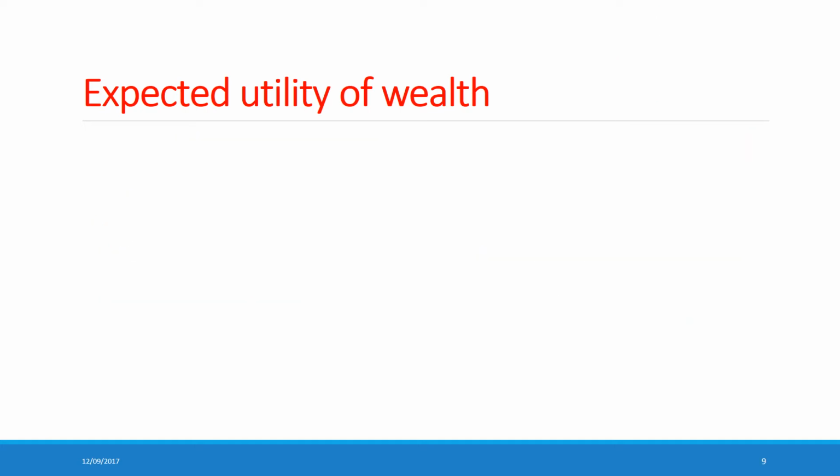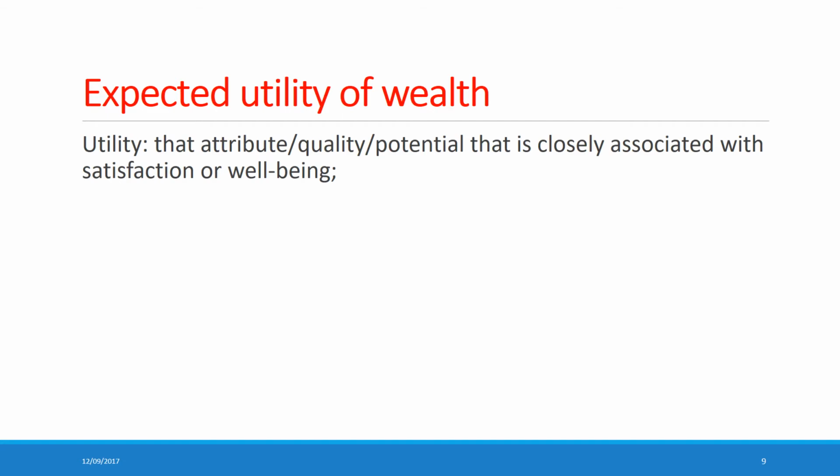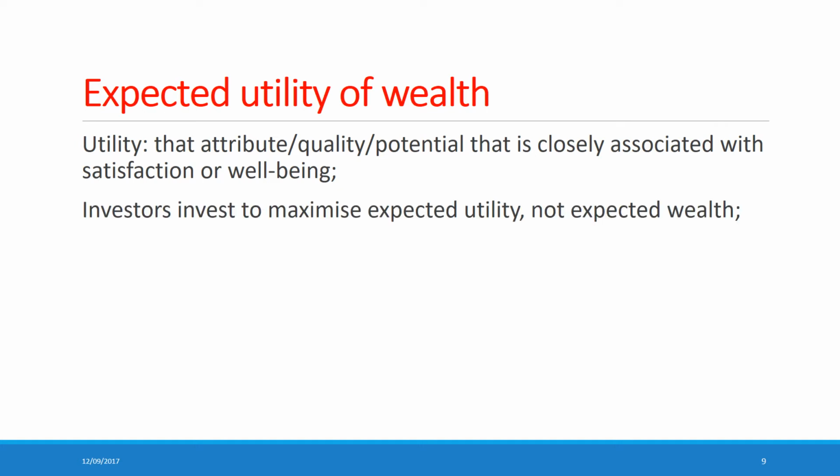So what do we mean by the utility of an investment? Utility is a concept where we try to measure the satisfaction, or how much value the investor assigns to a certain investment. The theory relies on the assumption that investors try to maximize expected utility and not expected wealth.